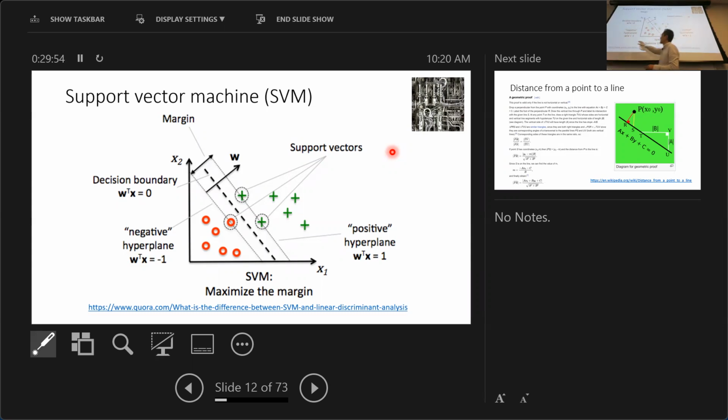Okay, so this tells you the distance between a data point and a line. Okay. So we're done with this simple example of using algebra as a classifier. This is not important.